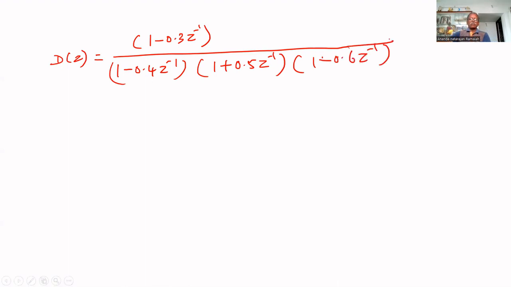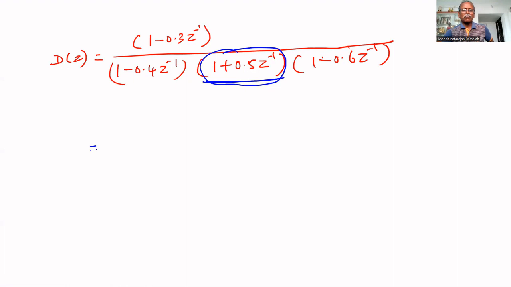This is the digital controller, factorized. We have to factorize and check for this. This will introduce ringing. It's not a desirable characteristic of the controller because the controller itself introduces oscillations in the process. That's why this ringing effect should be eliminated.